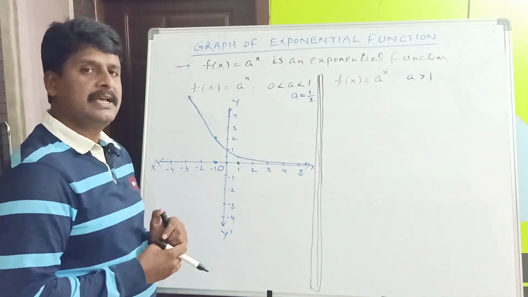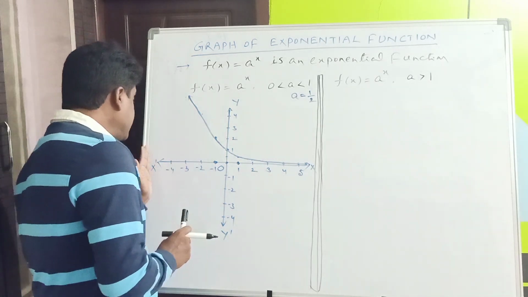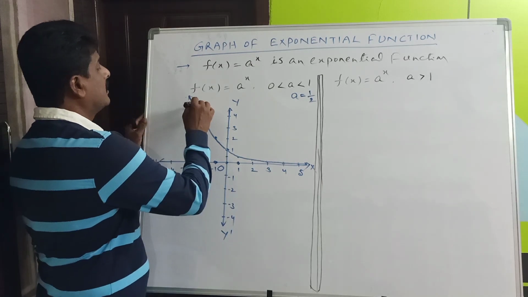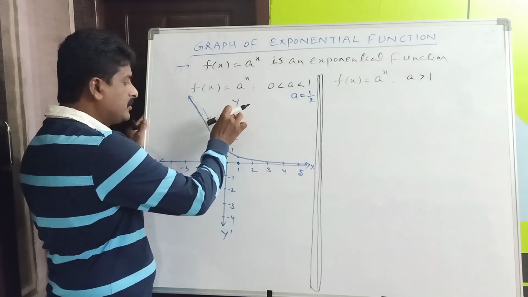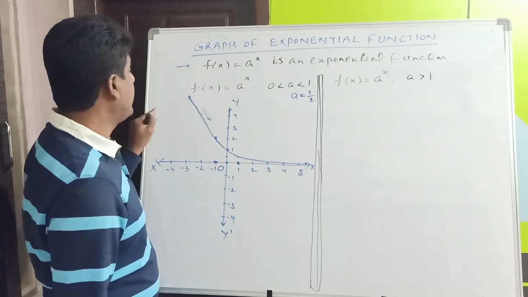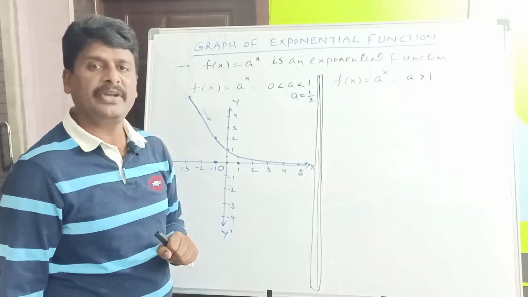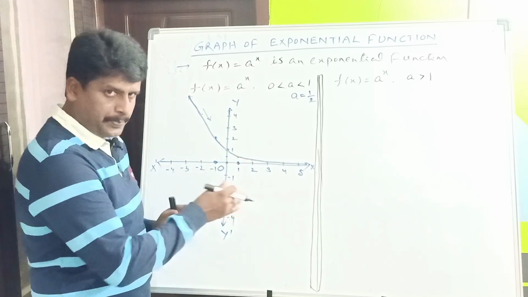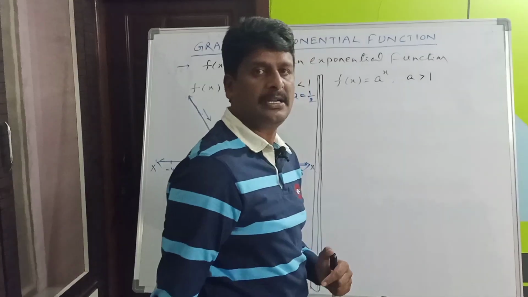Always it is above the x-axis only. But as x values increase from left to right, the graph is coming down; the corresponding y values are decreasing. So that's why a^x in this case is always a decreasing function. Let's write the properties later, after drawing the graph for the second case also.